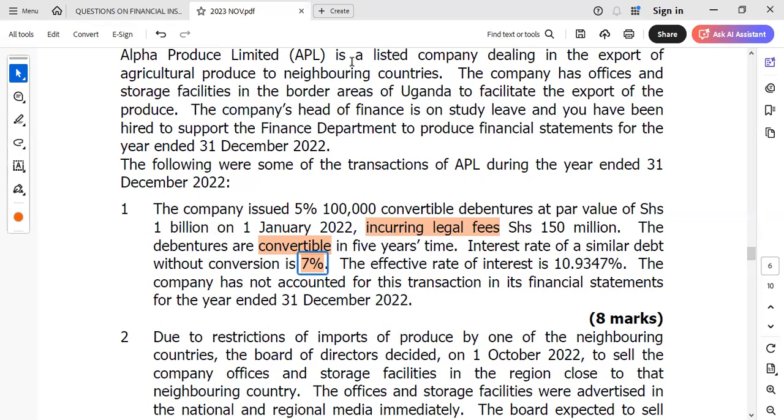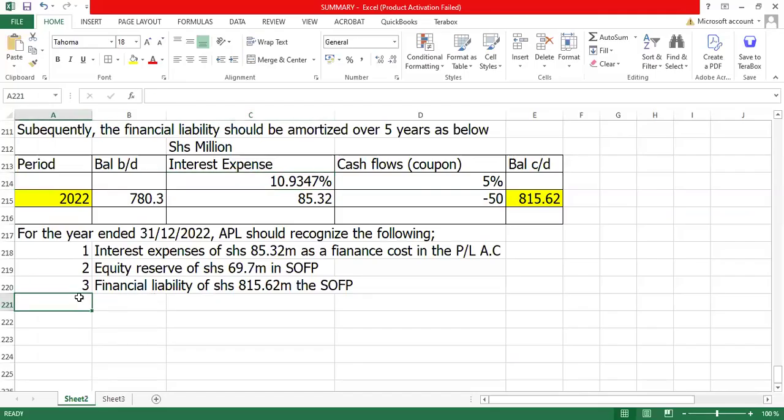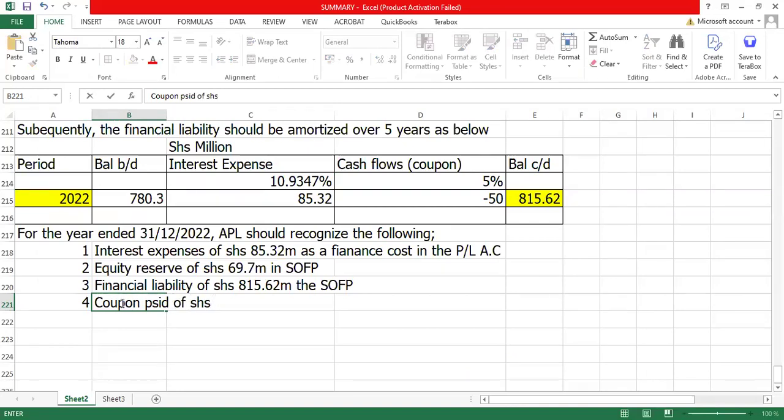Okay, then finally, number four, you recognize a cash outflow in the statement of cash flows. Coupon paid of shillings 50 million as the cash flow.